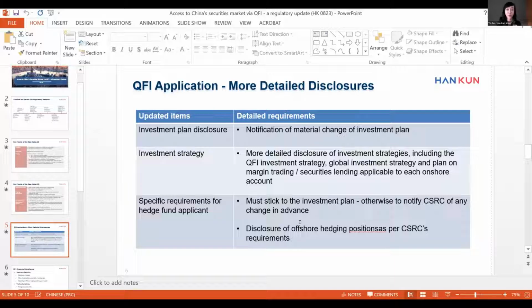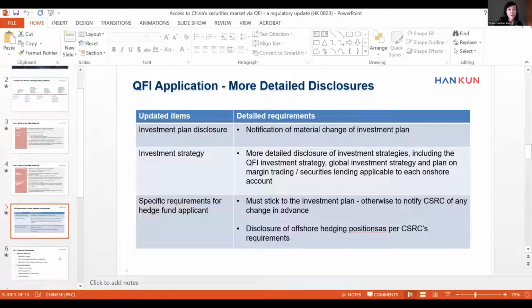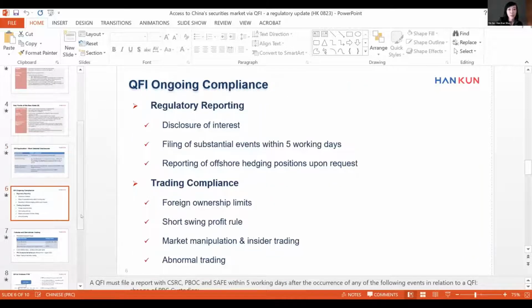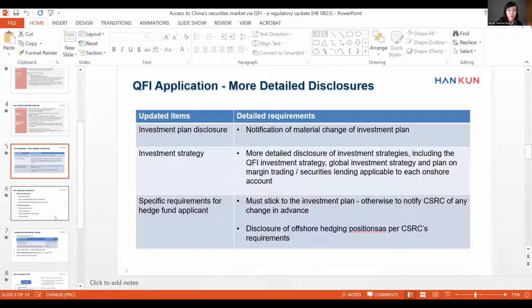Before the application forms were updated by the PRC regulators, it was not an express requirement, although we have advised our clients to follow this because the regulatory spirit is that, after you have submitted your investment plan, the regulator would expect you to make the investments in compliance with your plan. So I think that makes sense.